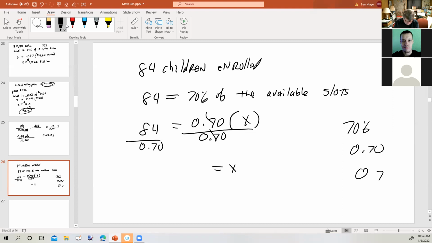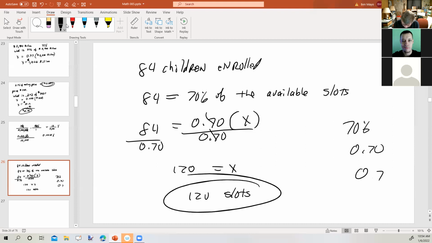And I've got 84 divided by 0.70. And I get 120. So 120 slots is the total enrollment available.